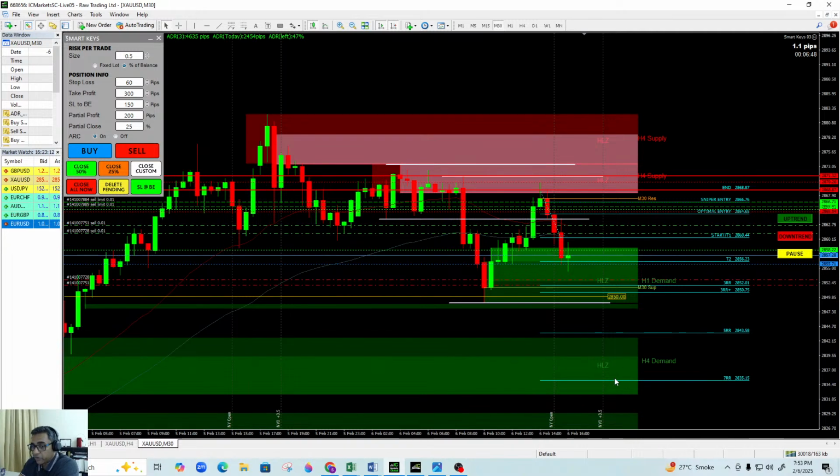So wait for M30 support to form and then look for that M30 retracement to take the buys going up. Stop loss, always the safer stop loss under the liquidity candle low if you're taking buys. So from here, under this M30 candle low, or the more aggressive stop loss under the M30 candle low that formed support.